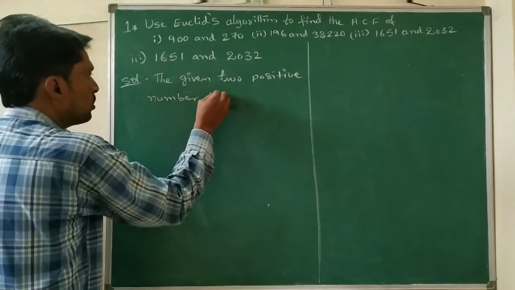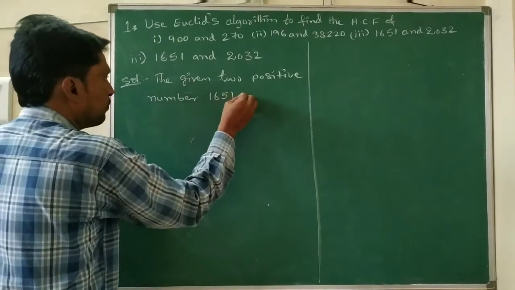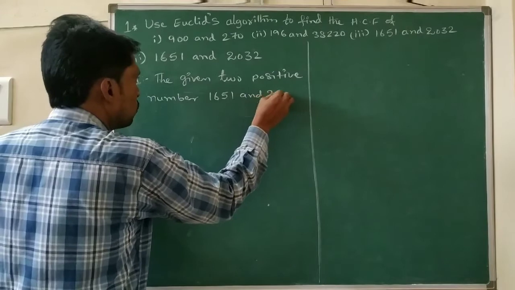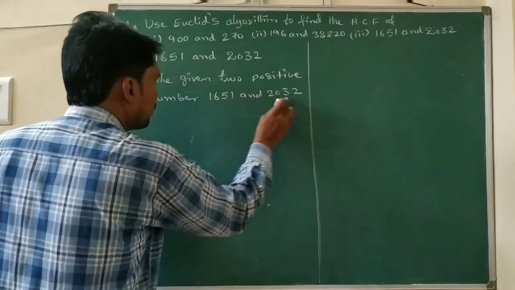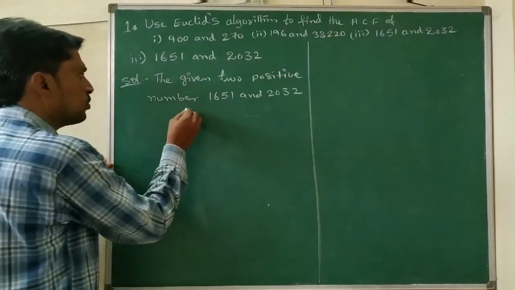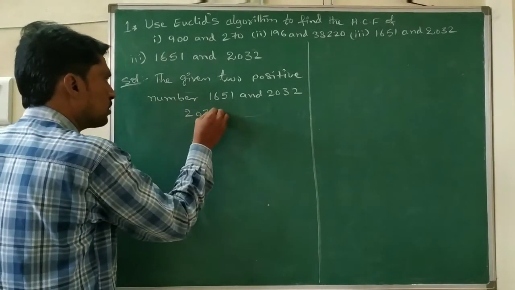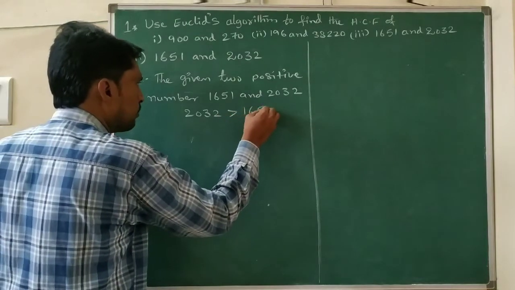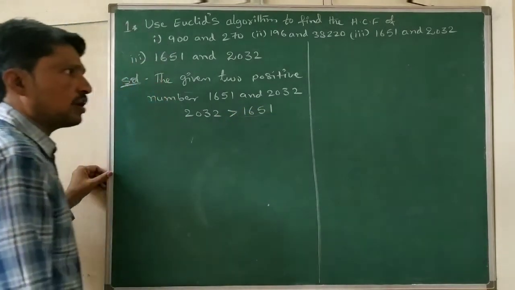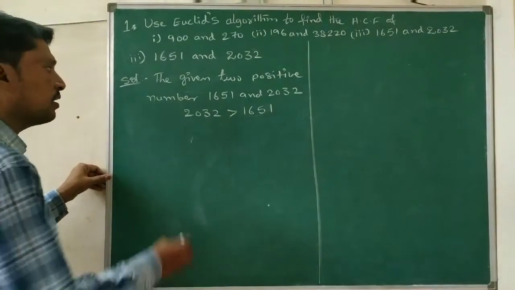What is given? 1651 and 2032. In these two numbers, which one is greater? 2032 is greater than 1651. Now we need to apply Euclid's algorithm.